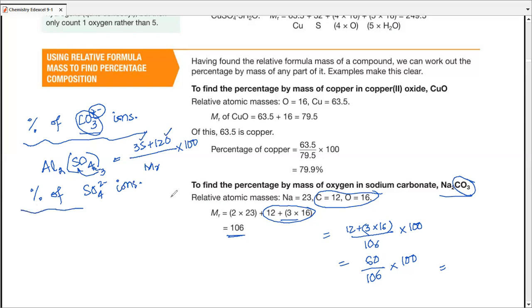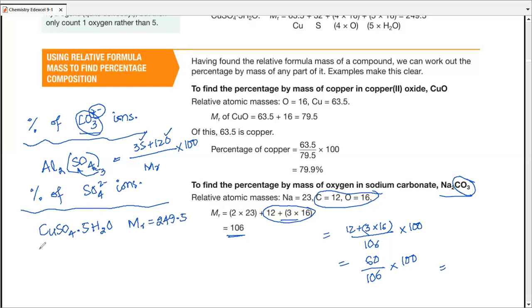Another change in questions that Edexcel might make is that we recently did a question of CuSO4.5H2O. You're familiar with that formula. We recently calculated its MR on the same page to be equal to 249.5.